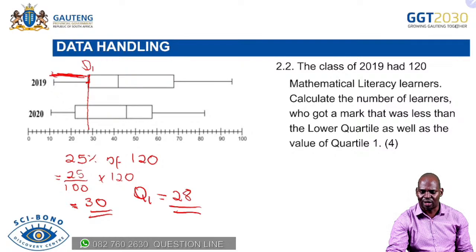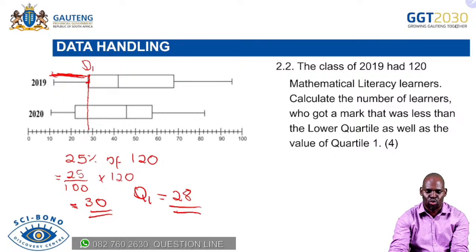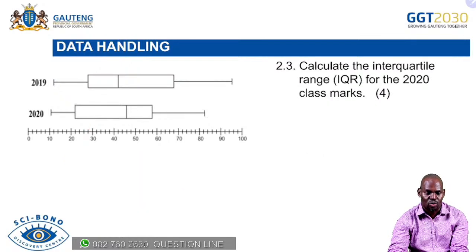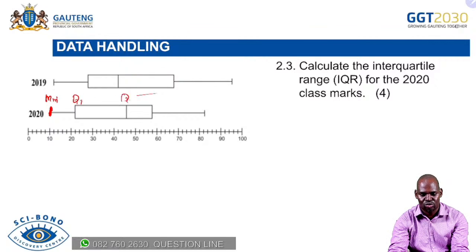Okay, then calculate the interquartile range, IQR, for the 2020 class marks. For 2020, we now look at the box and whisker for 2020. Again, if you think about the picture, if you label it, you know that this is minimum. This is quartile 1. That is quartile 2. That is quartile 3. And that is maximum.